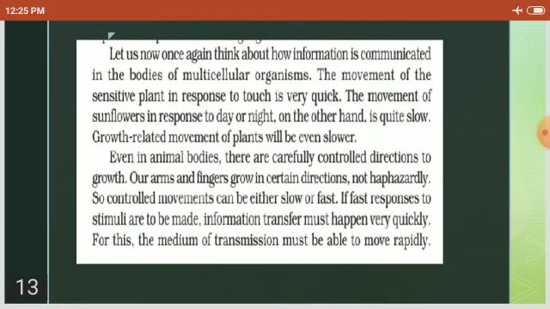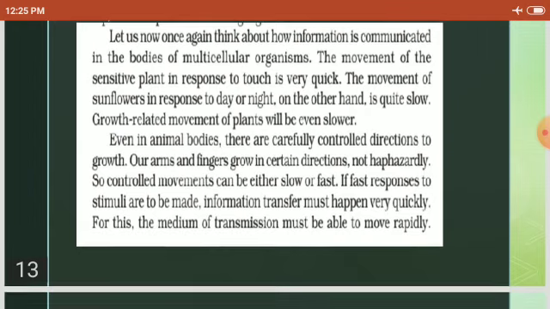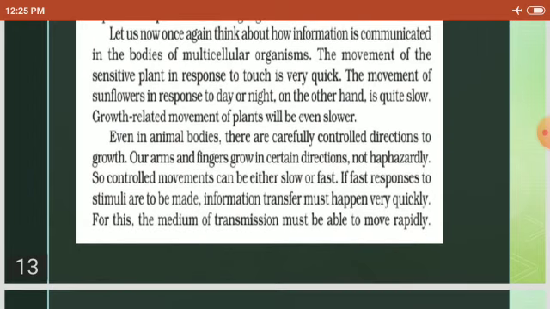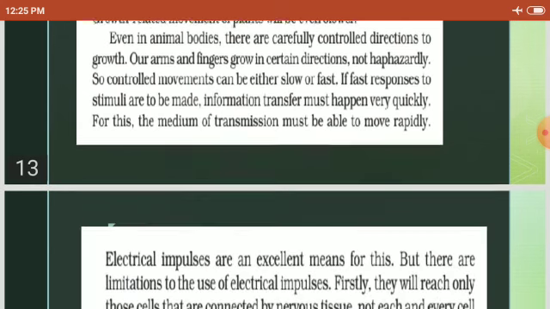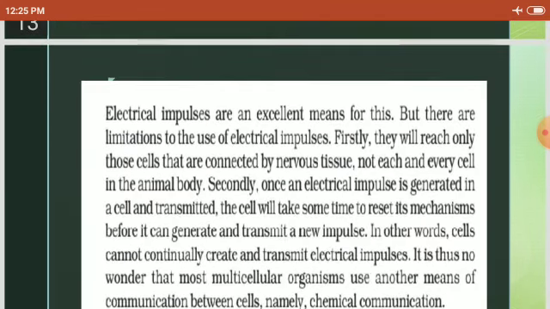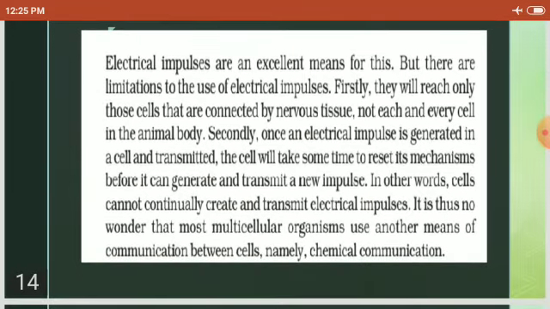If fast responses to stimuli are to be made, information transfer must happen very quickly. So for this, the medium of transmission must be able to move rapidly. Electrical impulses are an excellent means for this, but there are limitations to the use of electrical impulses.